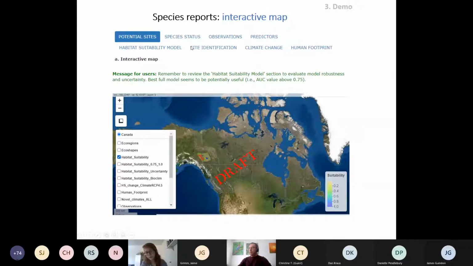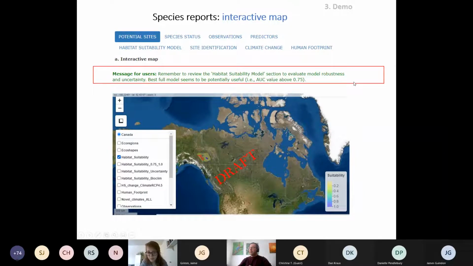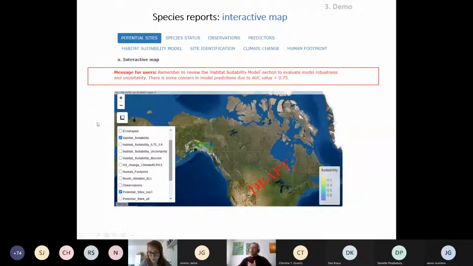But before going through these details, I want to focus on this part here in green, which tells us that this model in particular for this species seems to be potentially useful based on the analysis. But it's not the case for all of the species, because maybe we were able to run the analysis for the species, but we want to highlight that there is some concern in the model predictions.